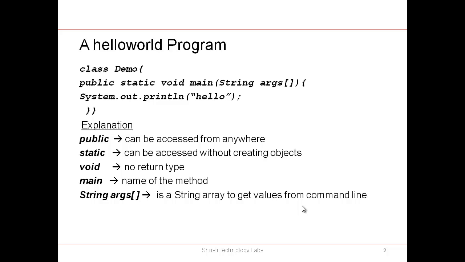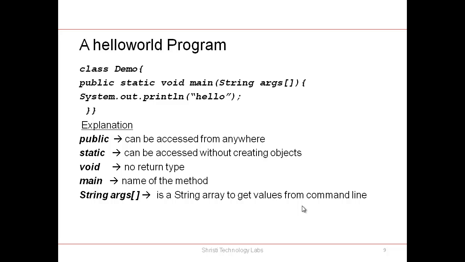Public static void main string args has to be the exact syntax, or you can have it as static public void main string args. If you don't have this public static void main method in your Java class, the program will get compiled.